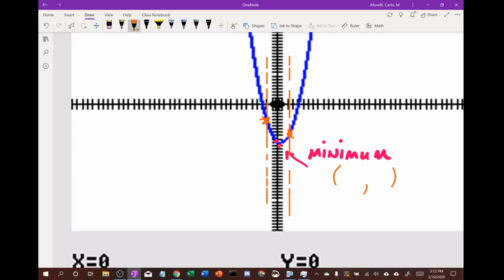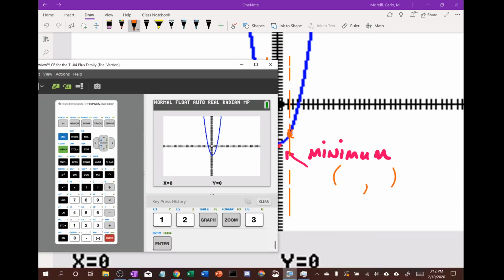Okay, so the way that you do that is you hit second, trace, minimum. And then you do the steps: left bound, right bound, enter. Couldn't be easier. But if you're just sitting there not doing anything, it's impossible.